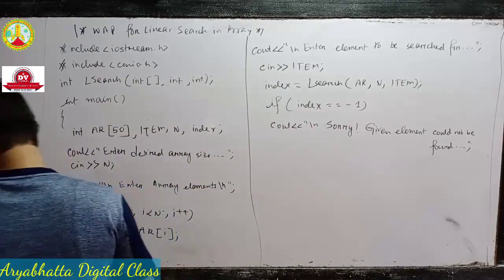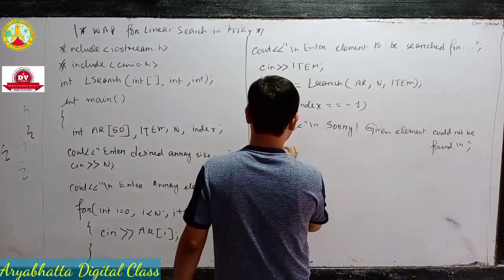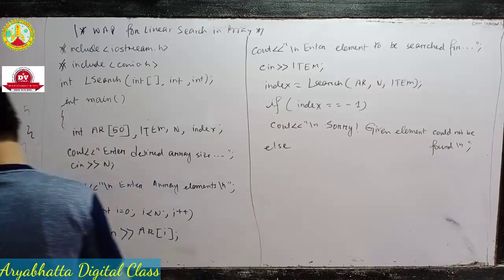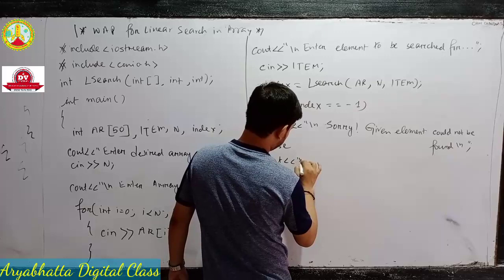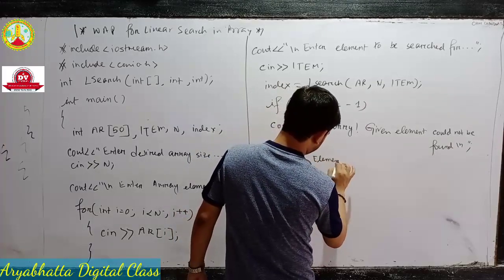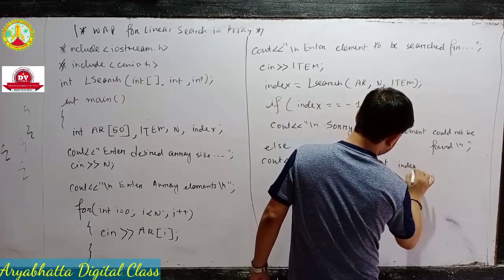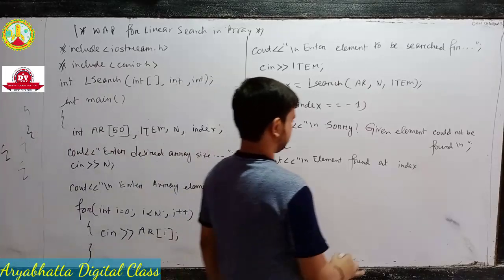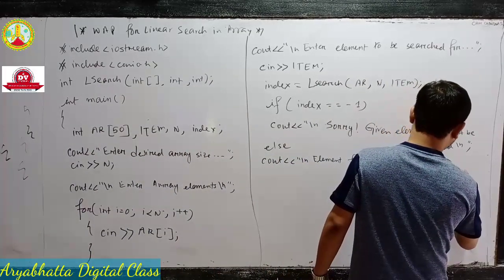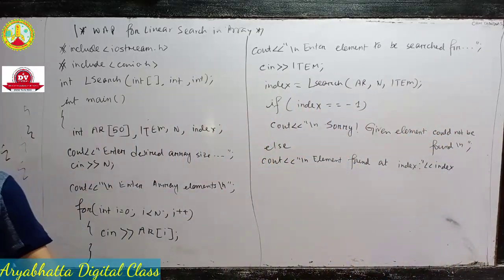Else, here you can do backslash n also. Else cout: element found at index, this variable index, and position is equal to index plus 1.